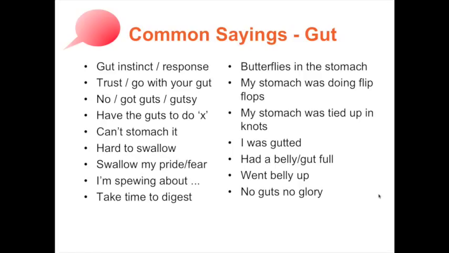If you can't stomach it, if you find it hard to swallow, if you need time to digest, this is kind of referring to processing something, whether you process it or you don't. The analogy or metaphor of digestion, but relating to concepts or decisions or something else abstract.